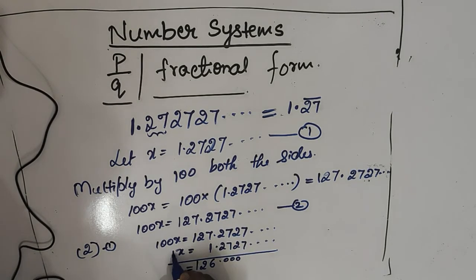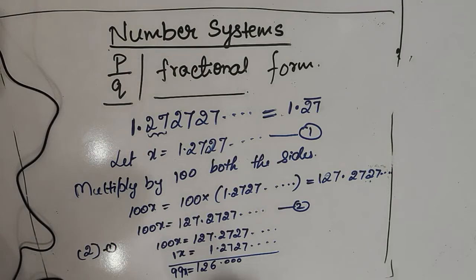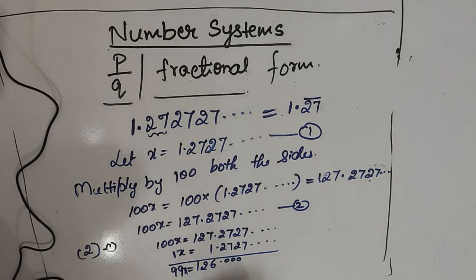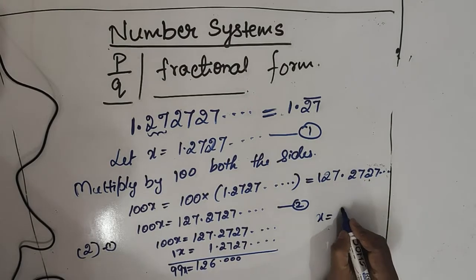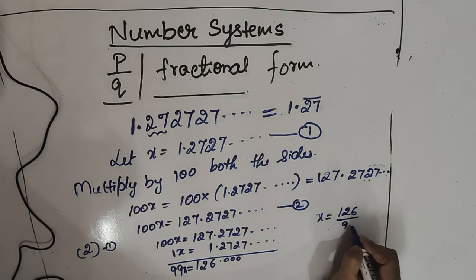Here 100 minus 1 is how much? 99x. Don't leave out x, remember to write x. Now x equal to 126 divided by 99.